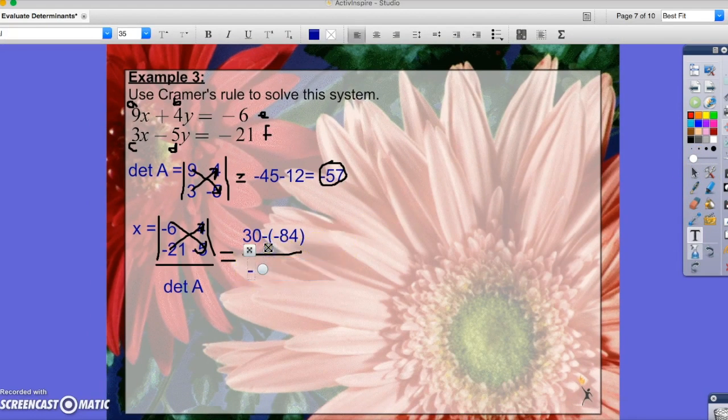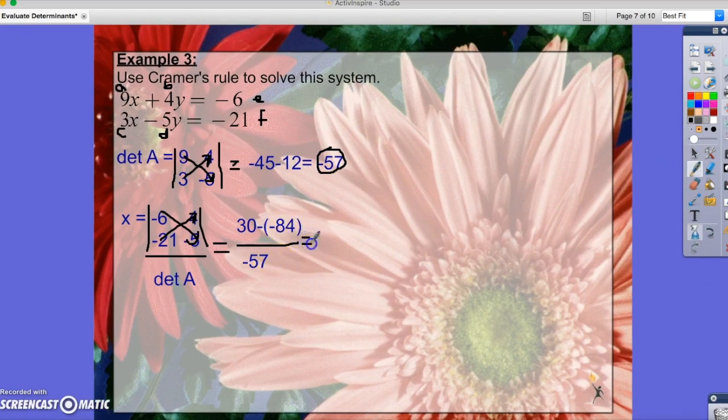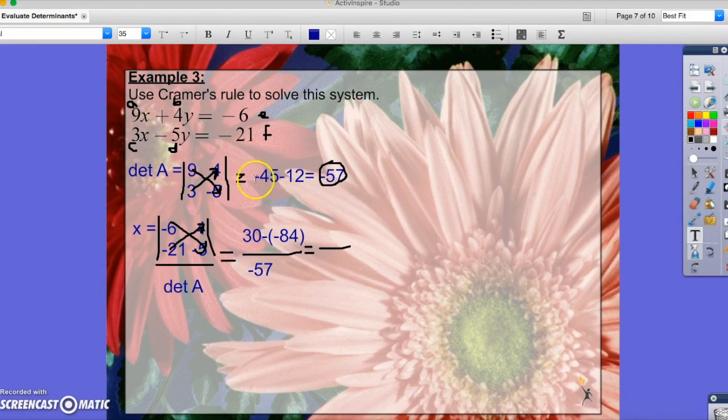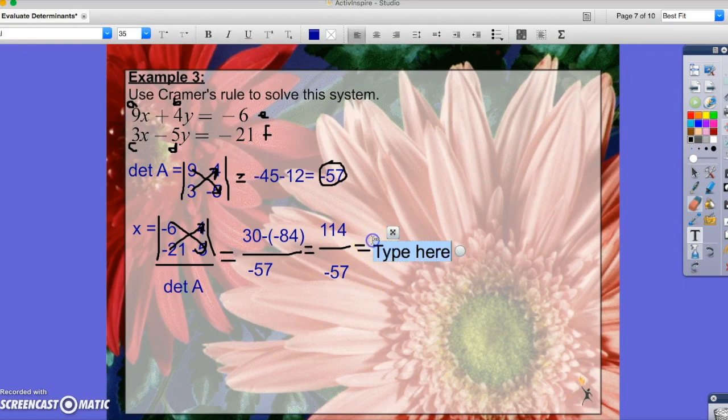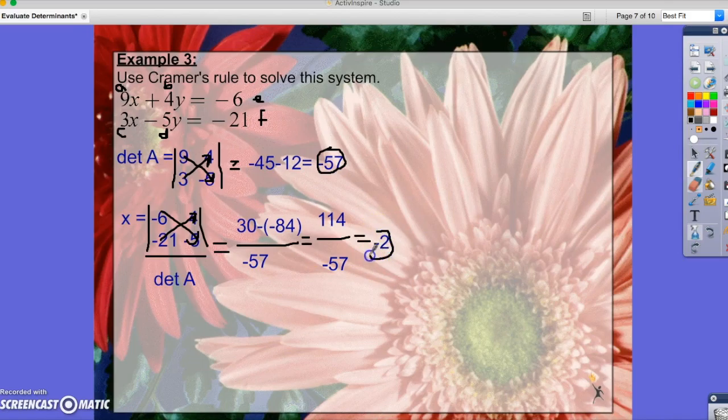If I find determinant A, I use it for both of them. Up top, 30 minus negative 84 is 114, over negative 57. When I divide them out, I simply get negative 2. So x in my ordered pair is negative 2.